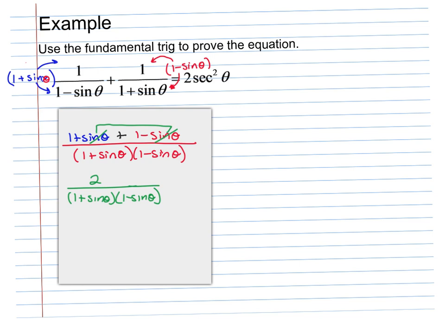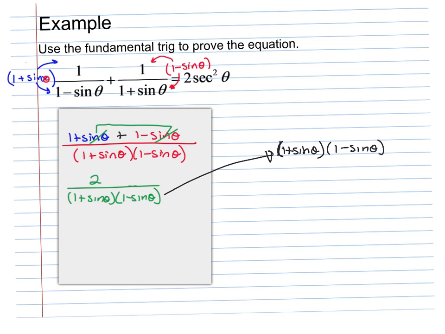And since they're being multiplied, it's something very simple. I'm going to distribute this. So I'm going to do the work on this side so you'll see it. So it's 1 plus sine theta times, that should be a parentheses, 1 minus sine theta.